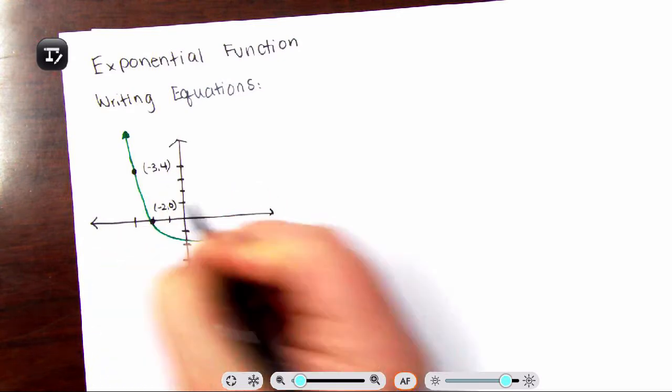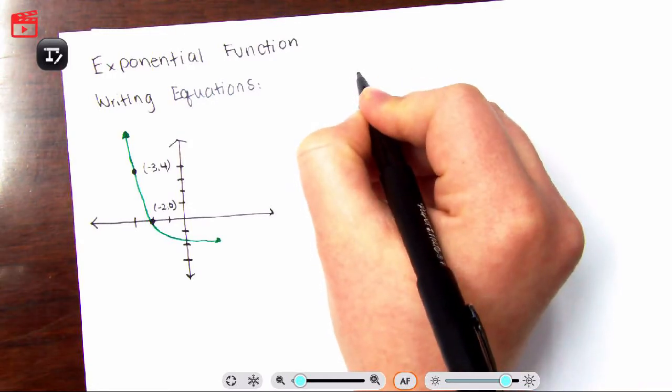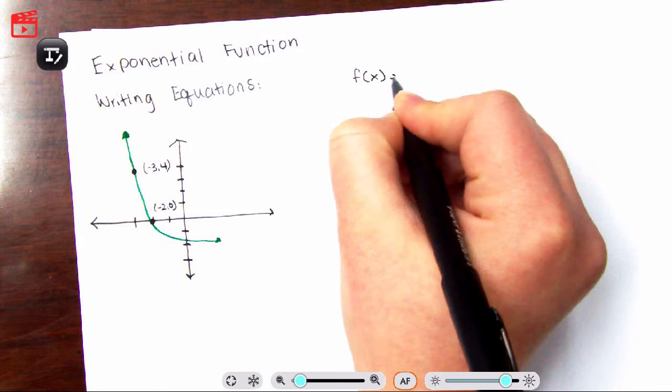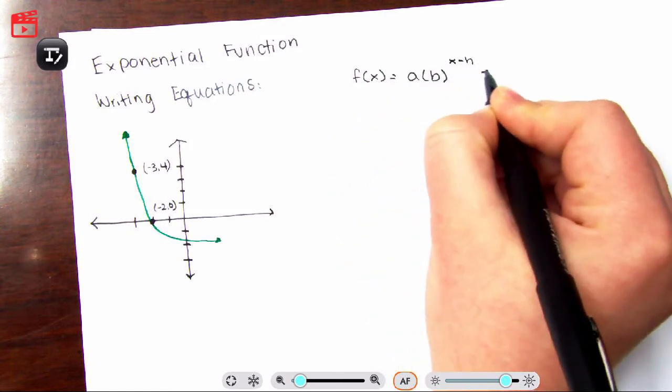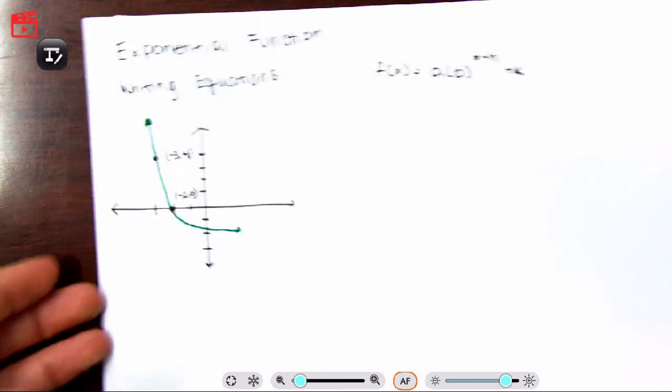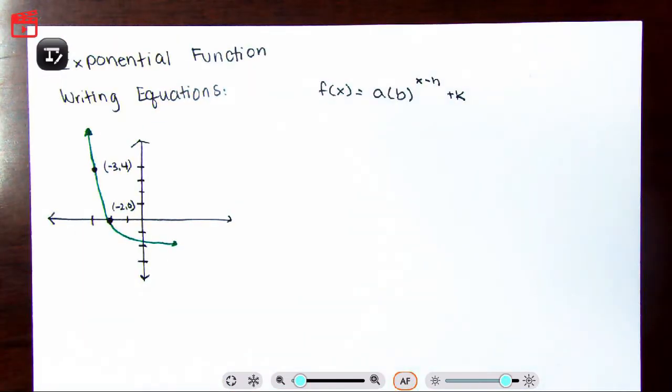-2, 0. Our formula is f of x is equal to a times b to the x minus h power plus k, just like we had our transformations and translations when we originally started the unit on graphing.